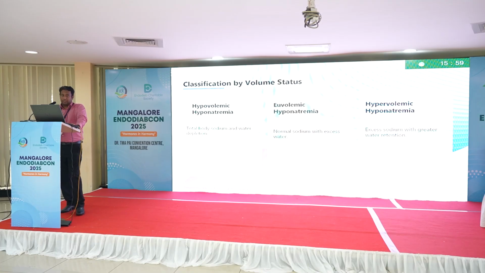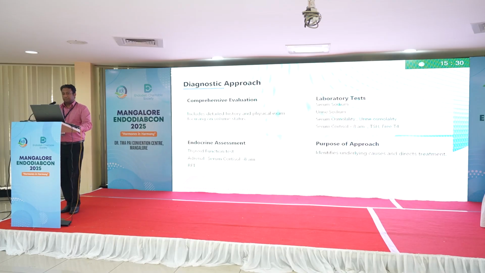This is a little overdiagnosed. A lot of times we miss hypothyroidism, we miss hypocortisolemia, we miss drug-induced causes, branding it as SIADH. That's what I am going to talk about today. Then you have hypervolemic: patients with congestive cardiac failure, CLD and CKD can have higher water retention compared to sodium, and that's where you see hypervolemic hyponatremia. Finally you have pseudohyponatremia, where you have to look at the lab parameters and the background and diagnose.